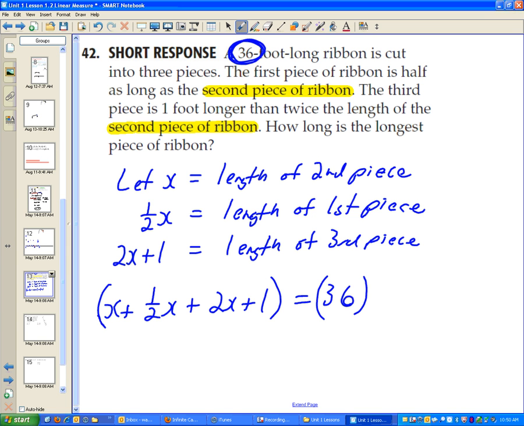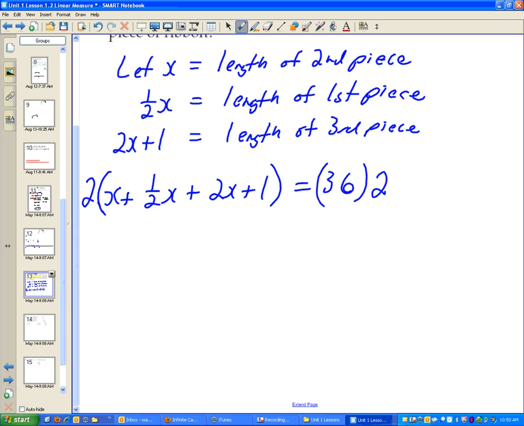I'm allowed to do something to an equation as long as I do it to both sides, right? Isn't 2 times 1/2 1? So to get rid of that 1/2, I can multiply it by 2, but I got to multiply everything by 2 if I do that. So 2 times the left side, 2 times the right side. Now remember the distributive property from algebra? Yeah.